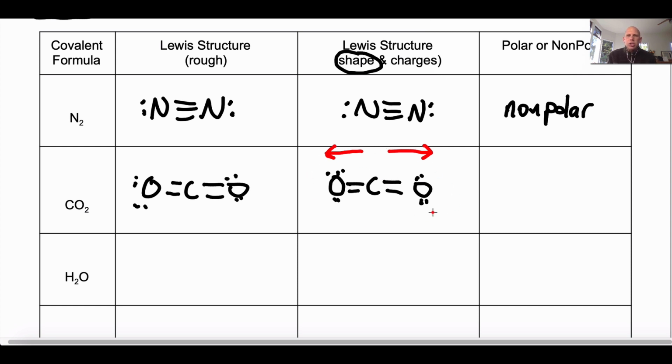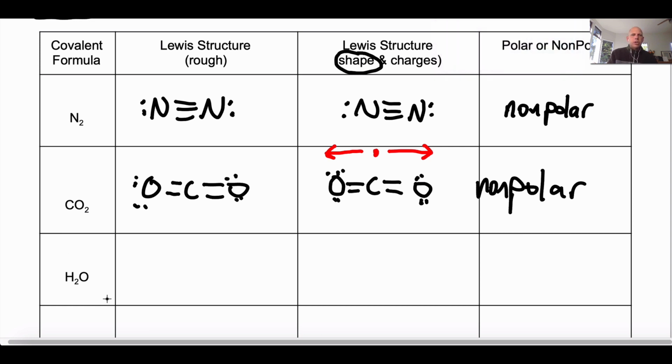We're not going to draw any partial charges, even though we know the electrons are closer to each side, because this dipole cancels that one out. Remember, they're partial because there's not a full transfer, since the bonds are covalent. So this molecule also is nonpolar.